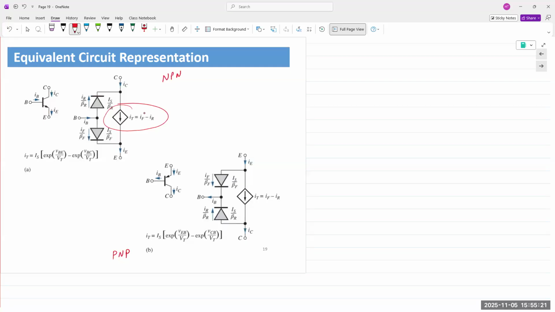And the dependency is that it is controlled from the input side by either the voltage VBE or the current IB. Okay, controlled either with VBE or IB. Later, we'll look at the pi model and the hybrid pi model, and we'll see that we can control either with VBE or with IB.